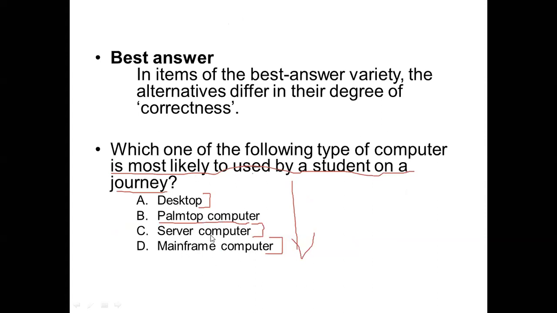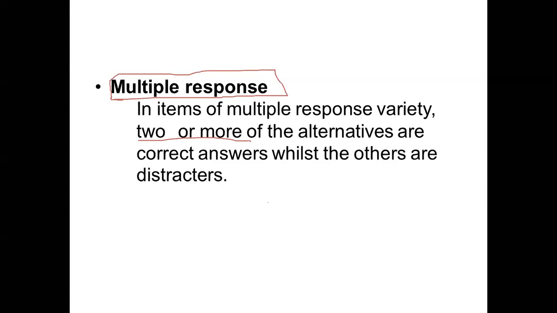Out of these types of computers, there's one that stands out as the best for this particular situation. And then we looked at multiple response, where you have not just one, but multiple responses.